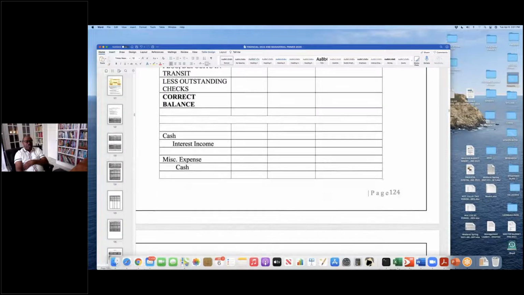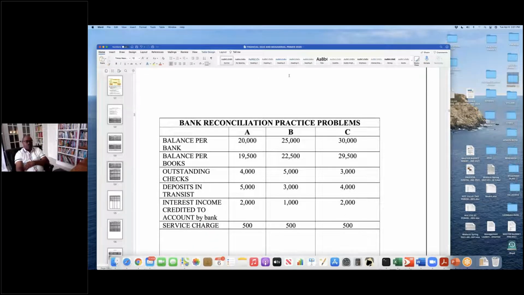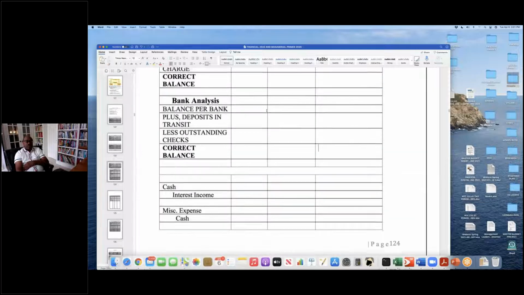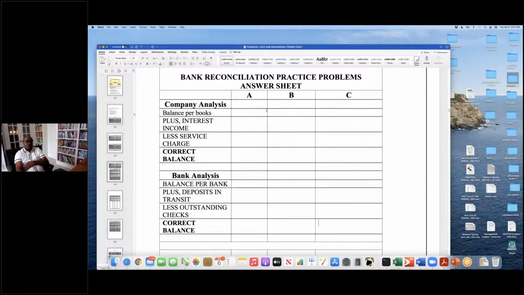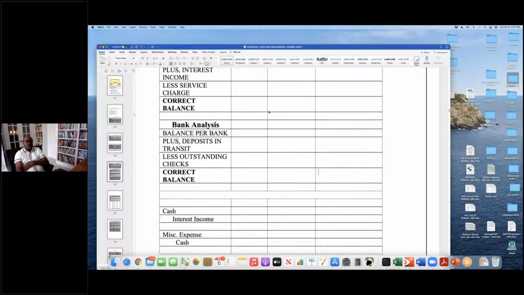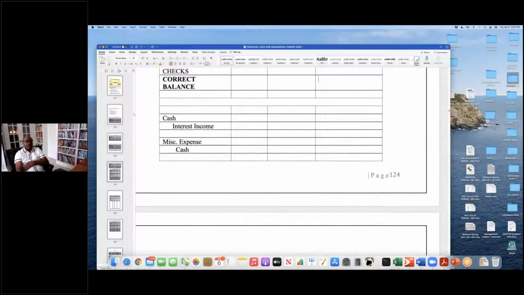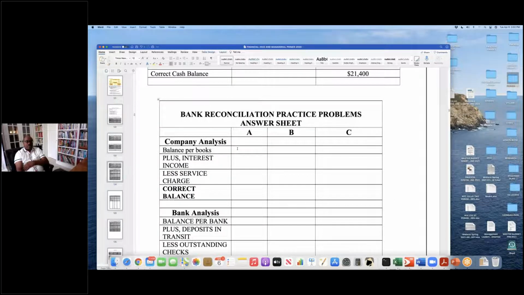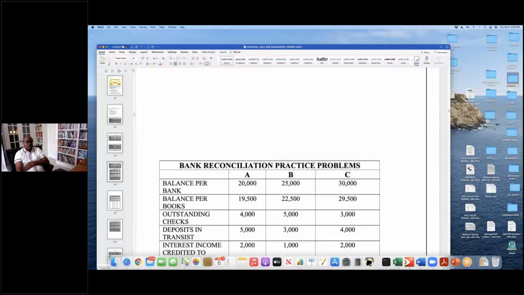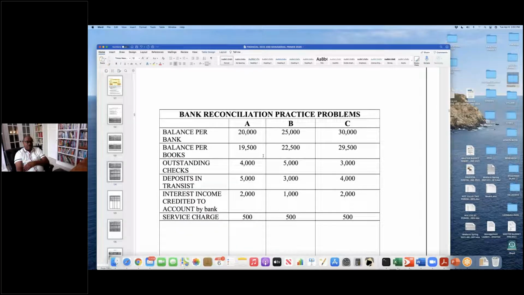Let's see if we can do the A1. Okay, so the balance per books is 19,500. So we're going to put 19,500 here. How much interest income did we earn? Oh, the interest earned?